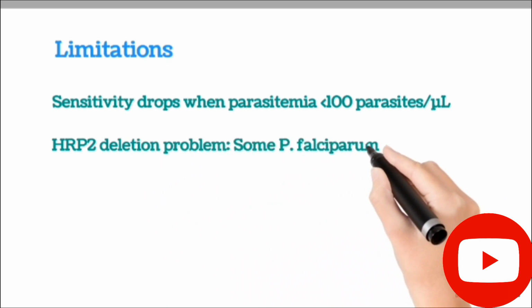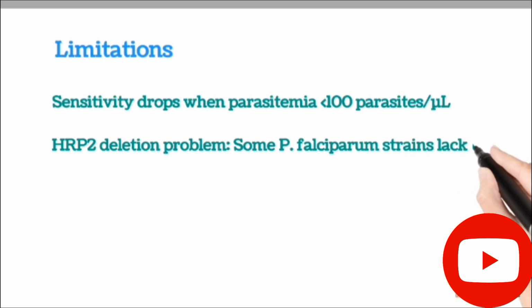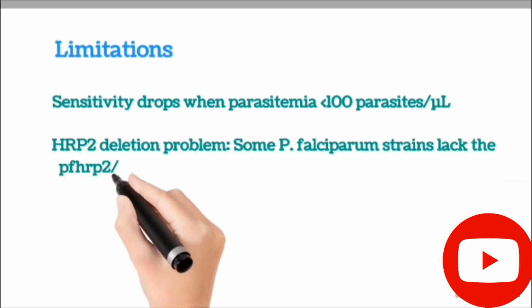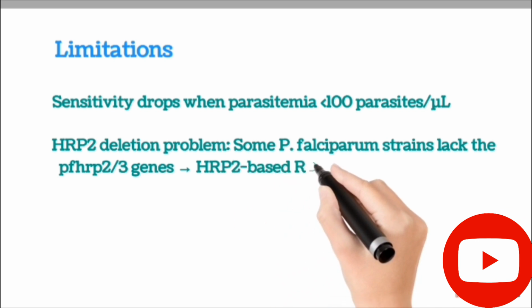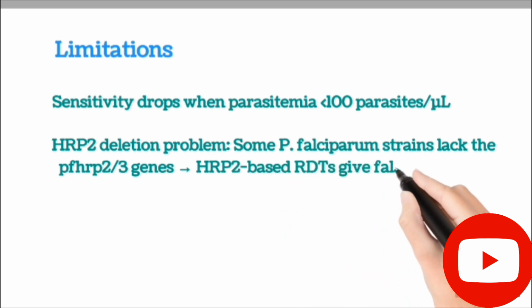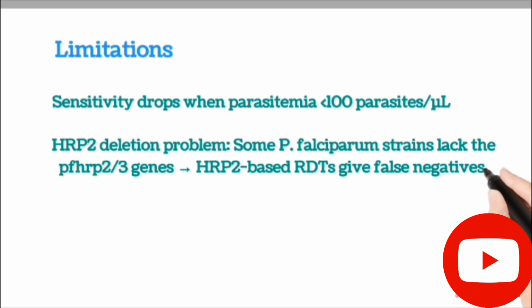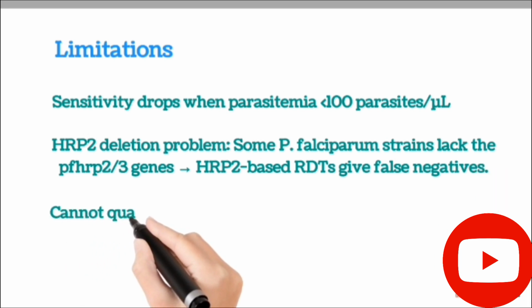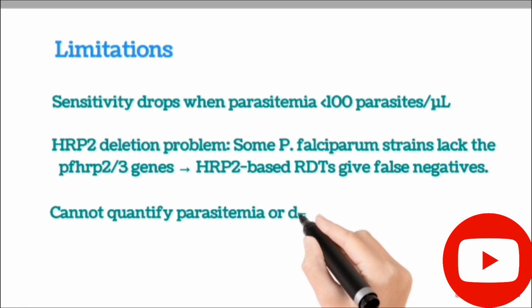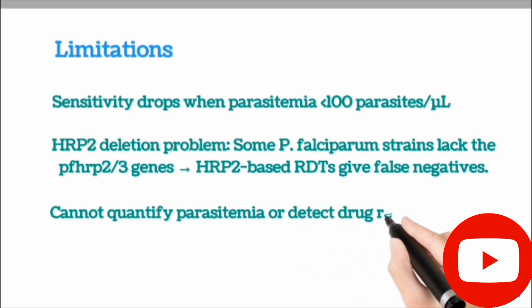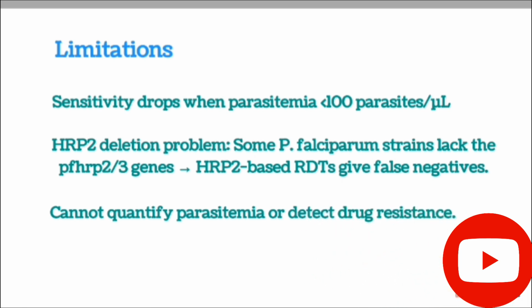Another problem is the HRP2 deletion problem, as some P. falciparum strains lack the PfHRP2 gene, so there is no HRP2 present and it will give a false negative result. Another problem is that it cannot quantify parasitemia or detect drug resistance.